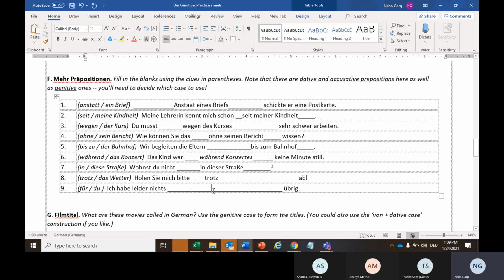So du will change to dich. Right. So ich habe leider nichts für dich übrig. So unfortunately, I don't have anything left for you. Nothing left for you. Für dich.